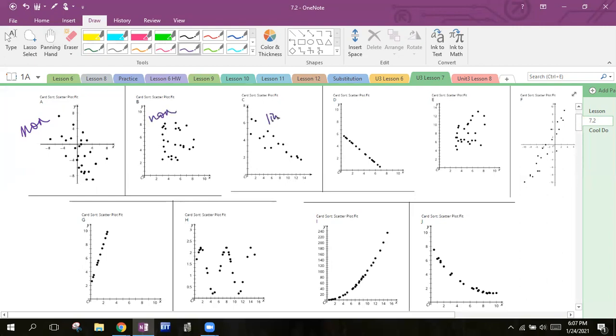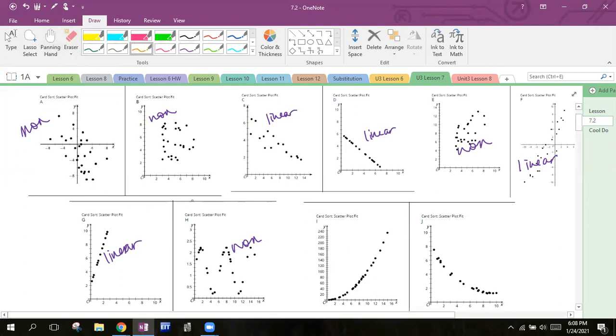This one looks more linear because you can tell it's decreasing. That's linear, non-linear, linear, linear, non-linear. This one wouldn't be considered linear because it curves, but it is pretty clustered together. All right, so that's one way you could have looked at it.